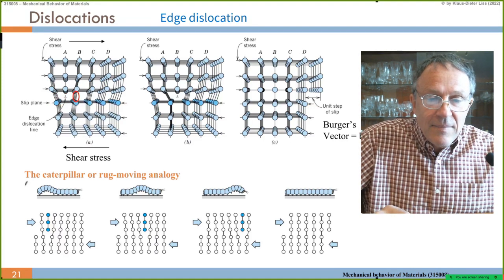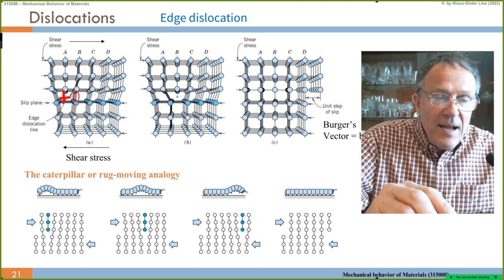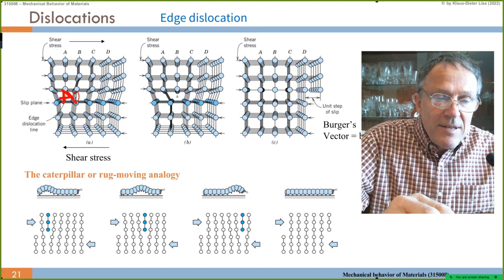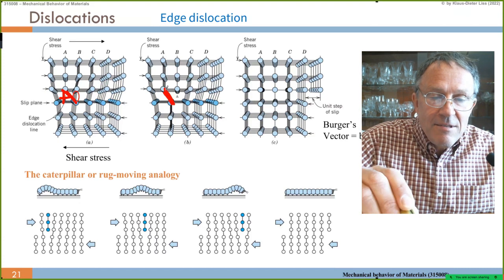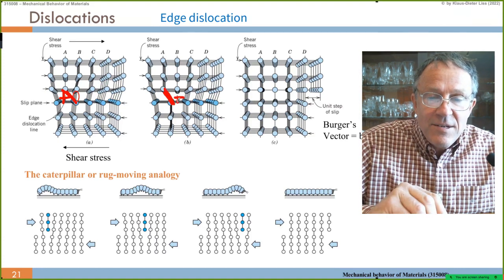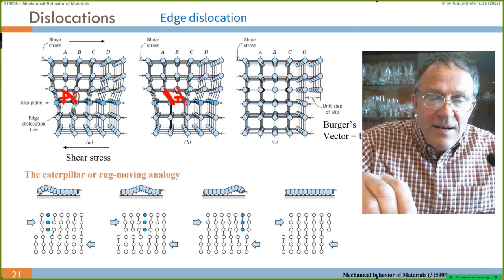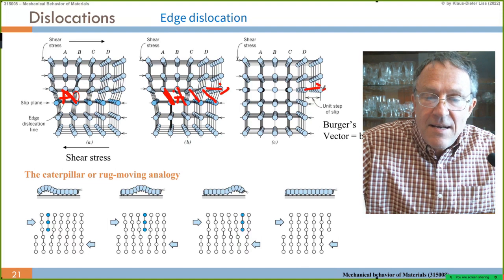But what I want to say, I have the dislocation here, and now I say, okay, I bond this here. I have this bond now, and the dislocation is moved to this location. And then I bond this and this and this, and eventually that part is standing out of the surface.